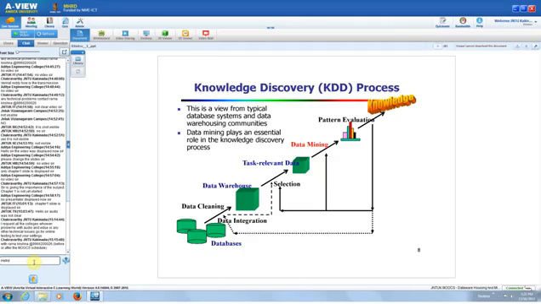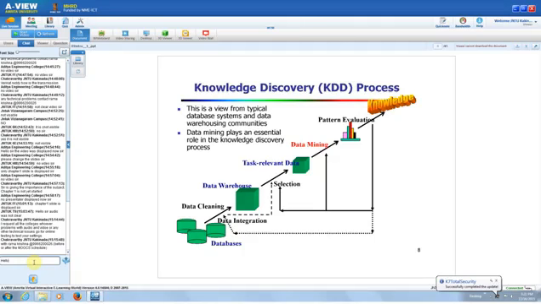So that means you are extracting some relevant data from the warehouse, and then you are performing data mining over it. After performing data mining, you have the pattern evaluation. The evaluated patterns are helpful for your knowledge. Okay, this is the sequence.